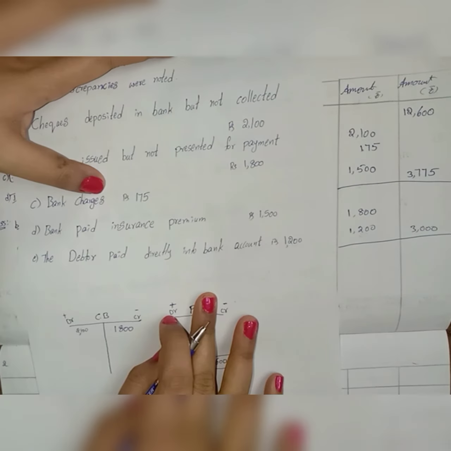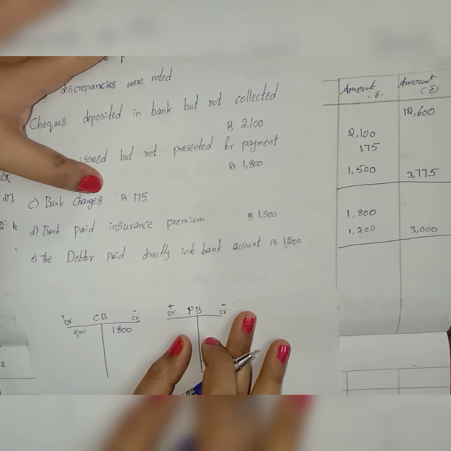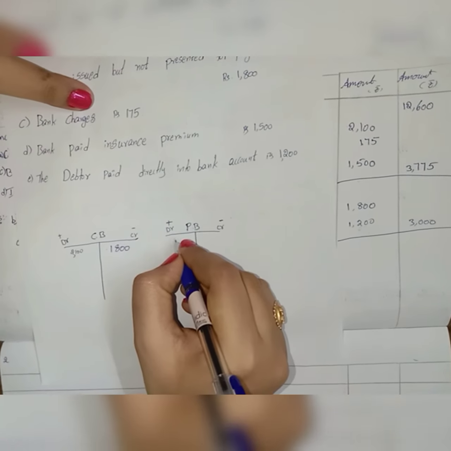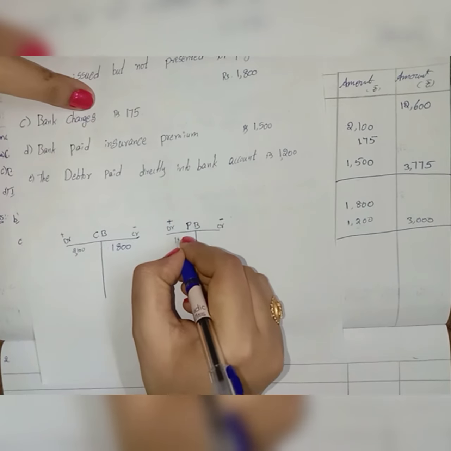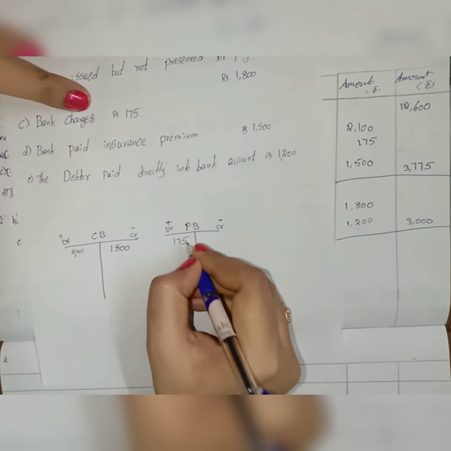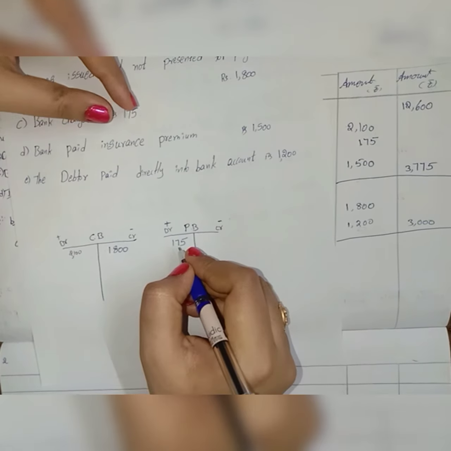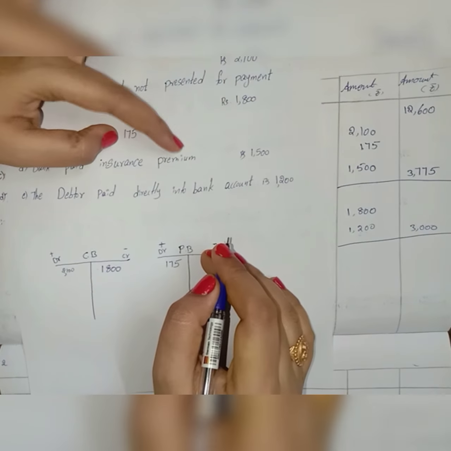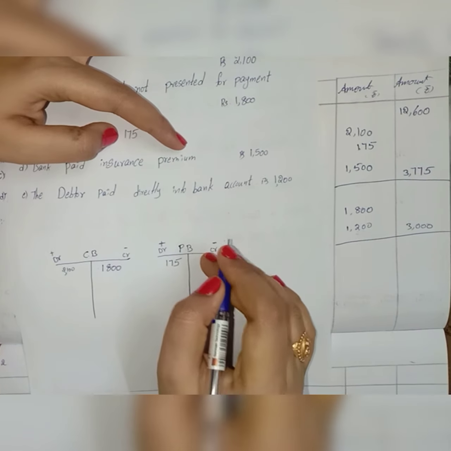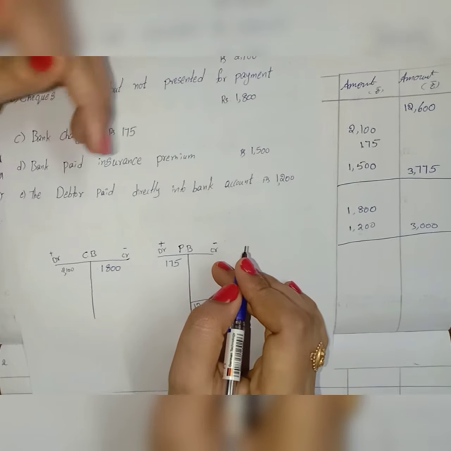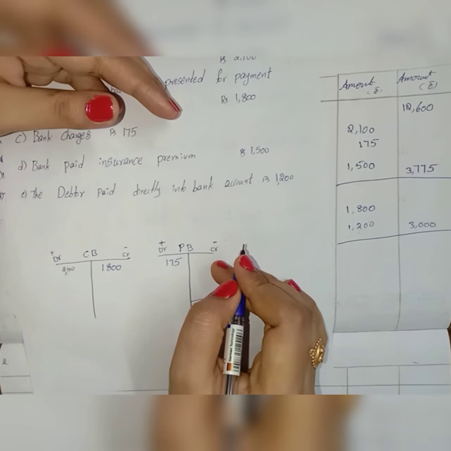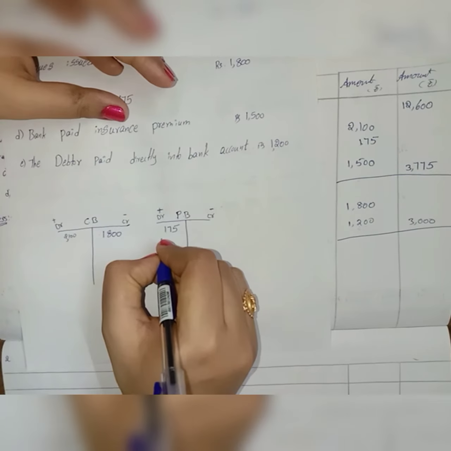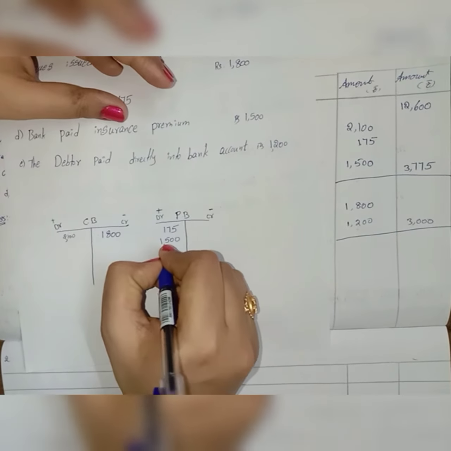So bank charges means we have to pay the charge, so it is on the debit side of the passbook. And next, bank paid insurance premium. Whatever we pay through the bank is always on the debit side, 1,500.